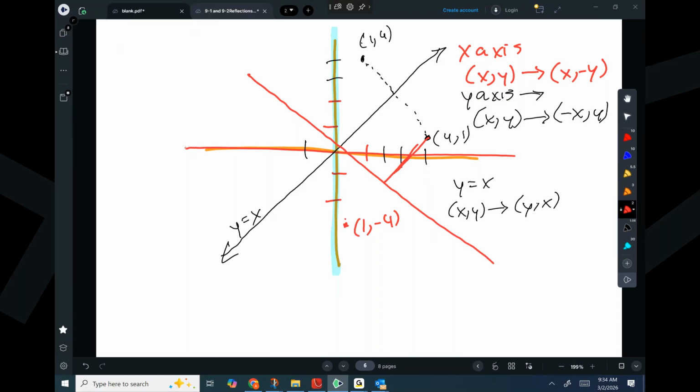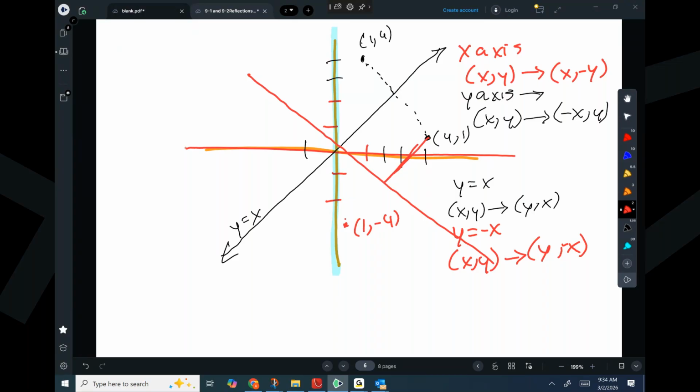So reflecting over y equals negative x, xy becomes, let's see, we flip-flop them, so it's yx, right? Which one gets negatized? Well, I know it's the second part, which would be the x, but they got flipped, so it's the new y, yeah? Okay.